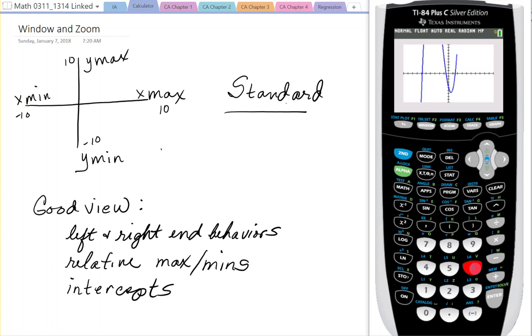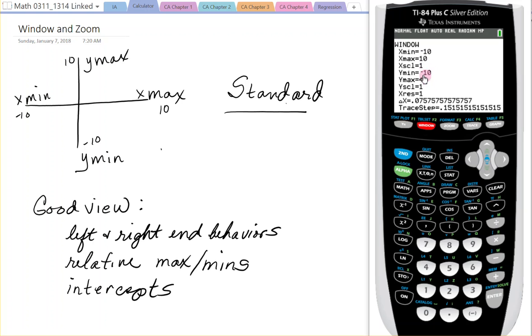If I don't see everything I need to see, then I determine what I need to expand, in this case, Y max. I will go there. And I already know that 40 gave me a decent viewing window. Hit graph again. And there we go.